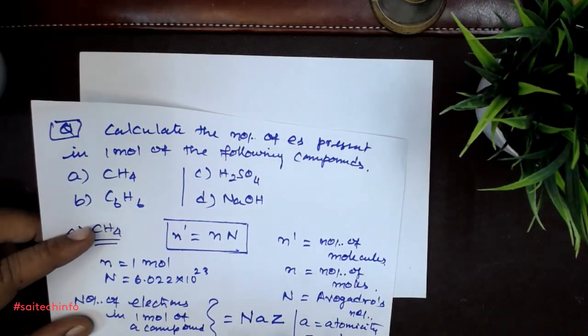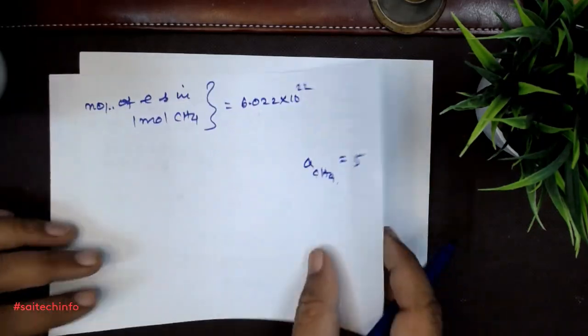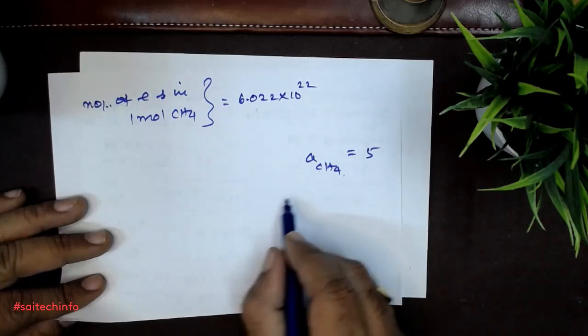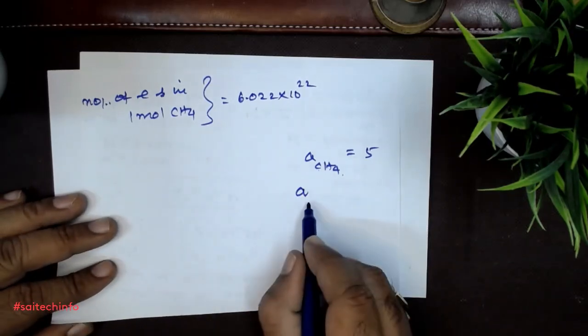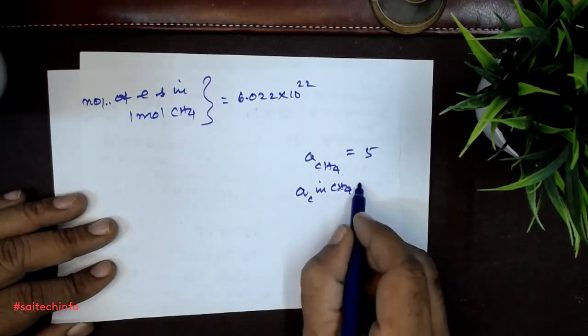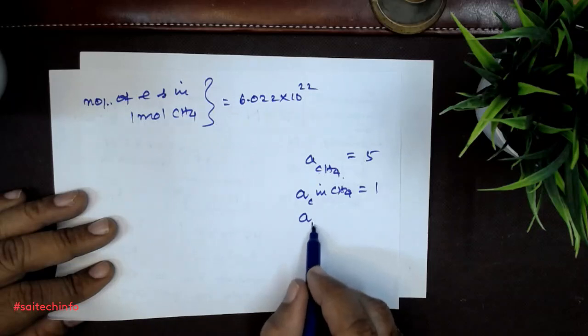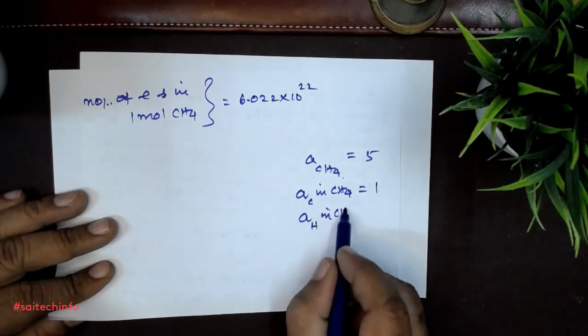but we are interested to calculate the atomicity of individual element and atomic number. So in that case you have to split like this: atomicity of C in CH4, how much? 1. Atomicity of H in CH4, how much?